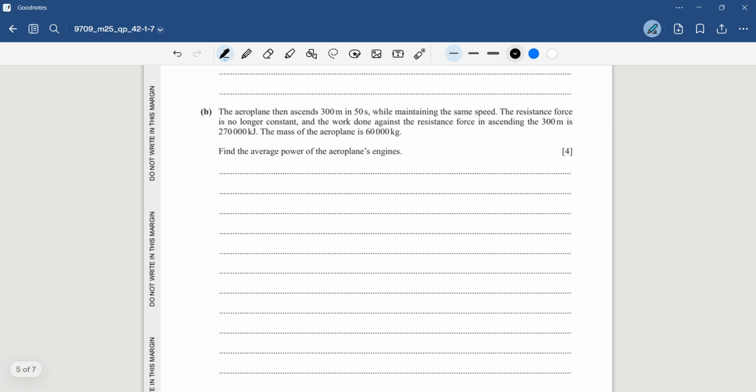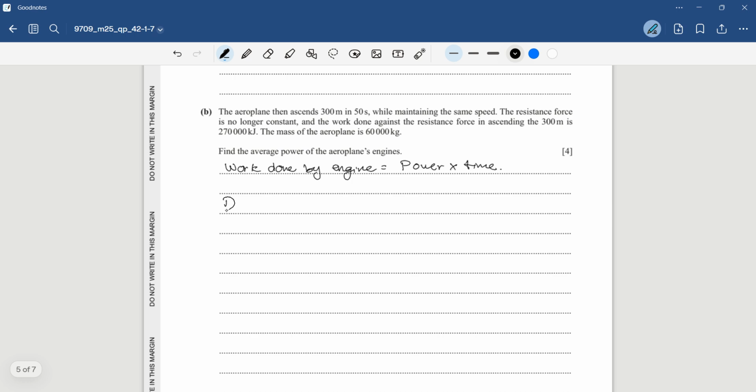In order to find it, the work done by the engine is equivalent to average power times time. The work done by the engine is going to be two things.